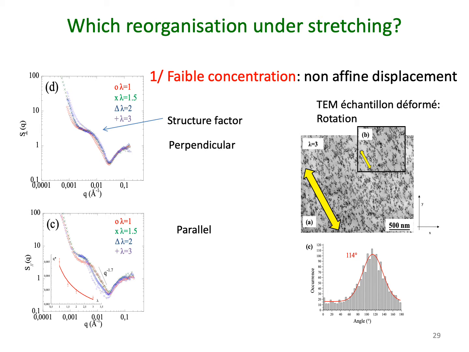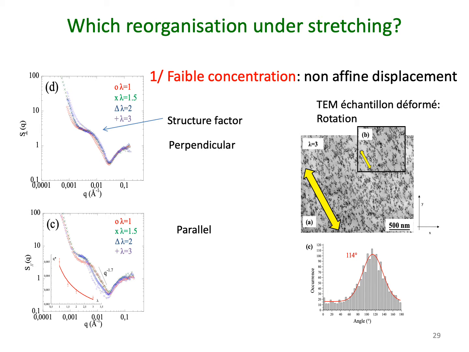Along the parallel direction on the bottom, you see that the scattering curves, or at least the structure factor curves, are shifted to the left. That means that the distances are increased, but this doesn't correspond to a fully affine deformation.